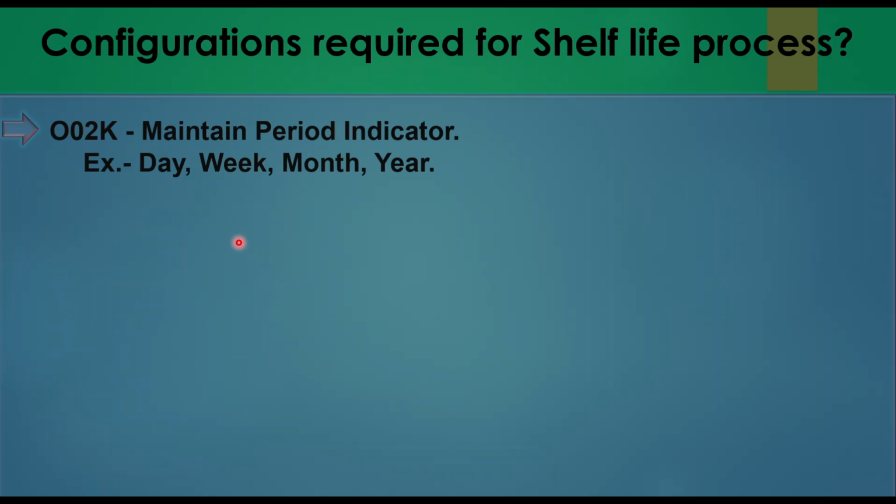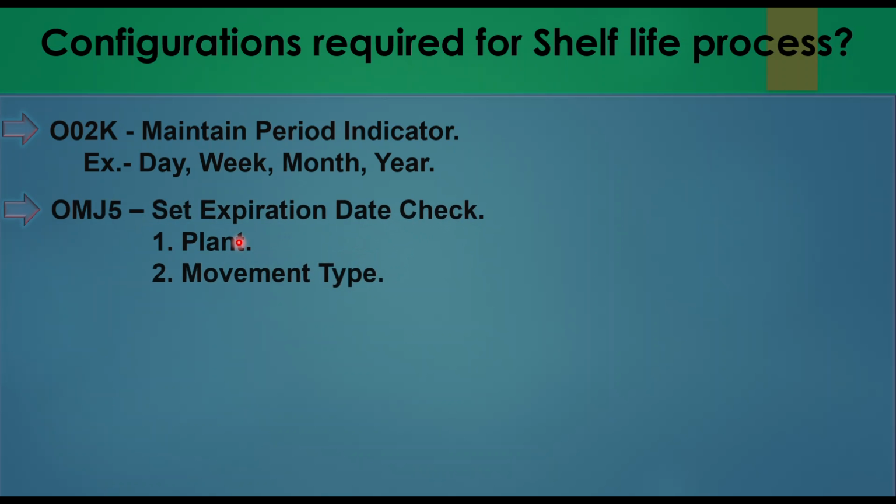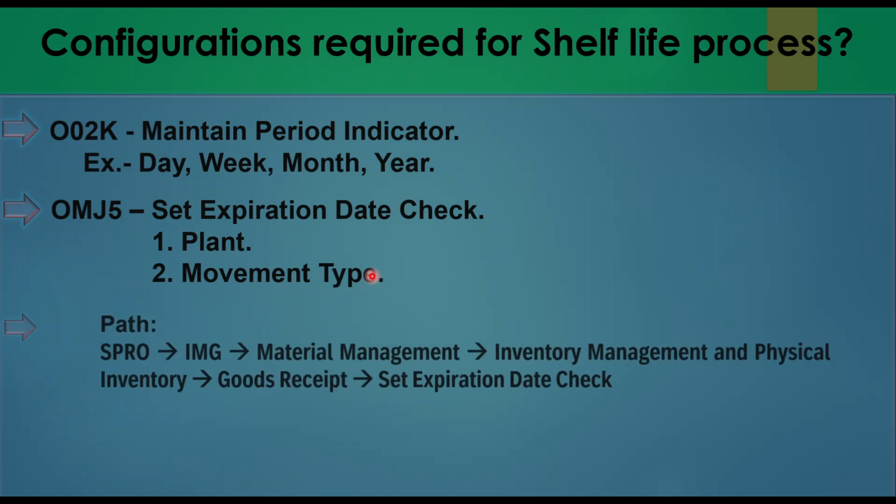Second, we have to set the expiration date check for plant and movement type. It is not set automatically, so we have to set it if our company is using shelf life materials, shelf life material procurement, or processes. These are the two mandatory configurations that we should do or check before processing shelf life material.